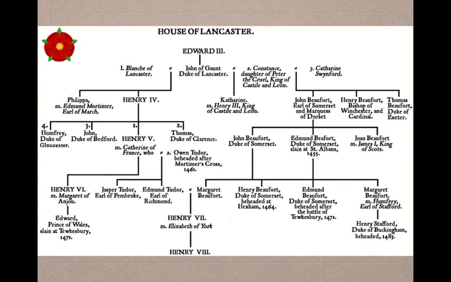So John is not only the father of a king of England, Henry IV, but he's the great grandfather of Margaret. Therefore, he's the great great grandfather of Henry VII. So John is clearly a player in royal politics and was famous for it.